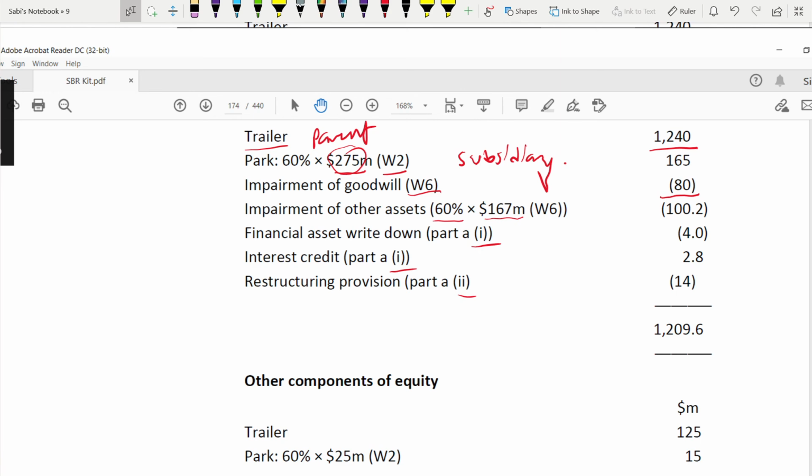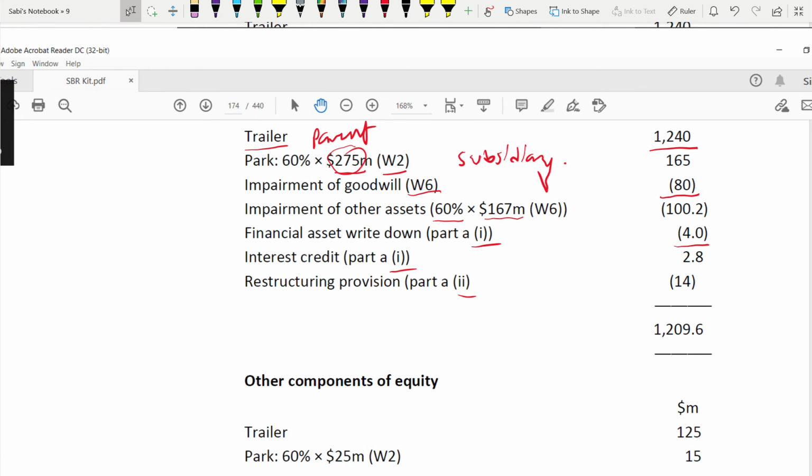So, financial asset write down: how much? 4. This 4 comes from where? Go behind in my video and check. In the very beginning, when I was doing part A, we got that 4 difference in the fair value. Remember 50 and 46? That 4 is coming here, because we said debit profit and loss account and credit financial asset.